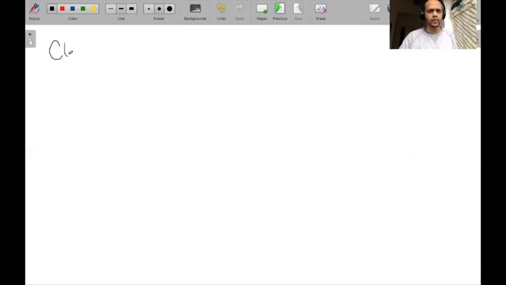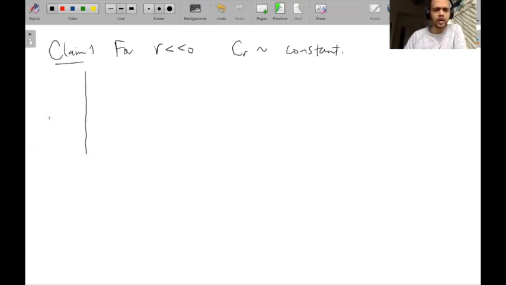So claim 1 is for R small, C_R is homotopic to a constant. And this is just by continuity.